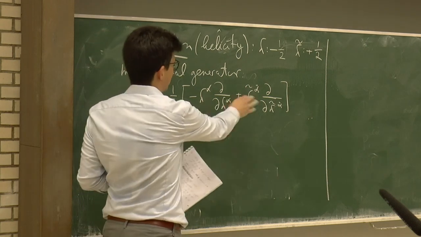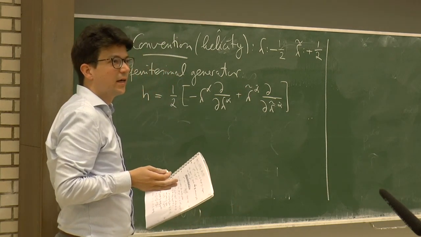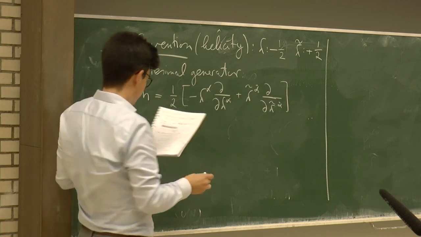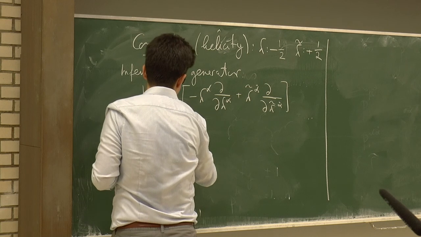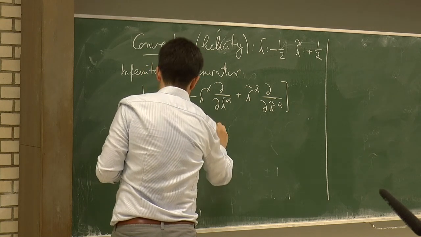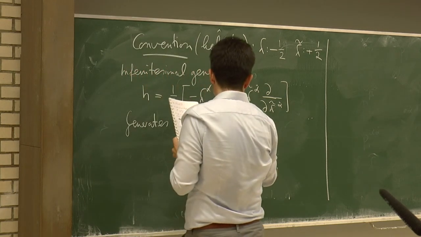This is the infinitesimal generator. If you exponentiate, it generates this rescaling that we talked about earlier. So remember, there was this ambiguity in rescaling lambda and lambda twiddle. So this generates the rescaling that I talked about earlier.